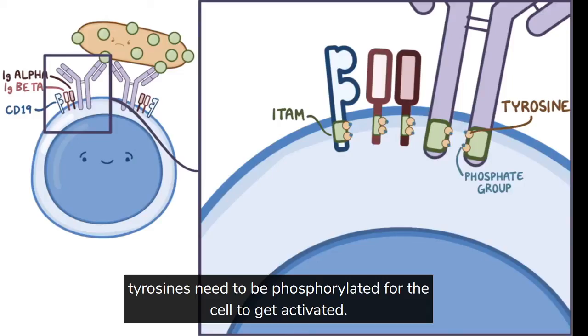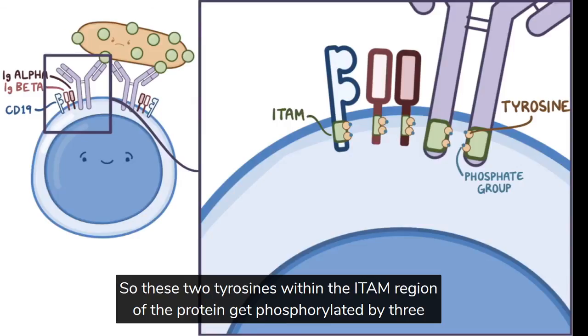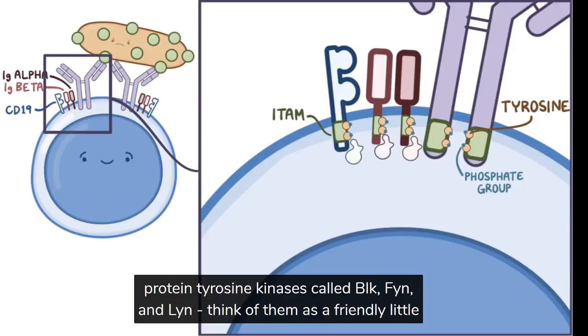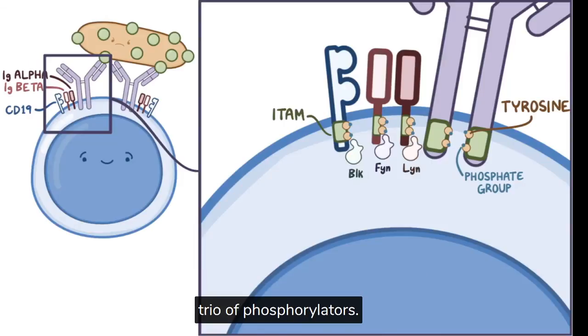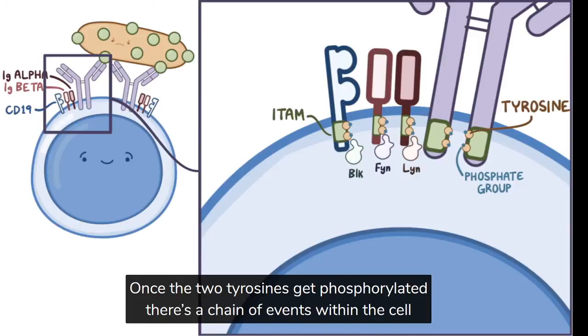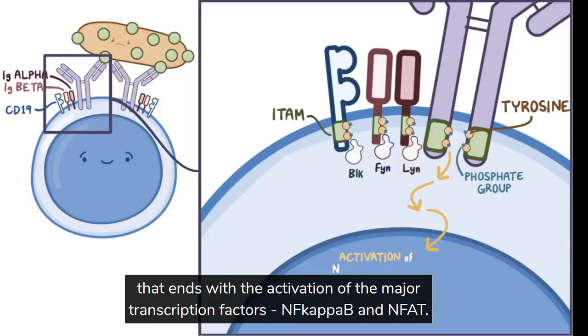These two tyrosines within the ITAM region of the protein get phosphorylated by three protein tyrosine kinases, called BLK, FYN, and LYN. Think of them as a friendly little trio of phosphorylators. Once the two tyrosines get phosphorylated, there's a chain of events that ends with the activation of the major transcription factors, NF-kappa B and NF-AT.